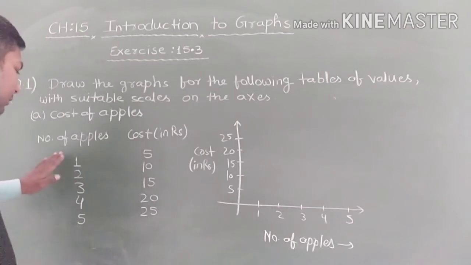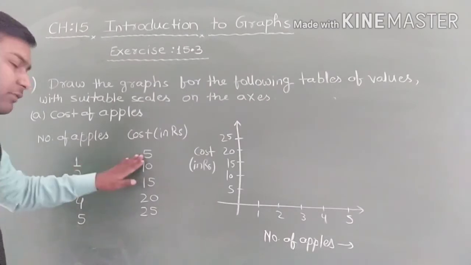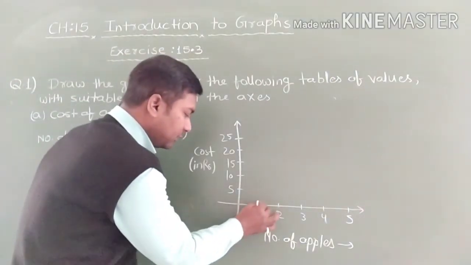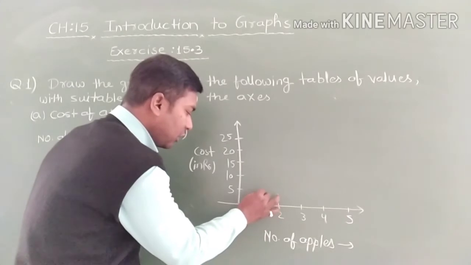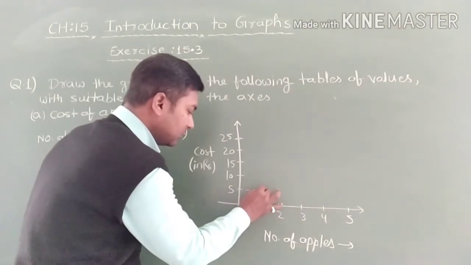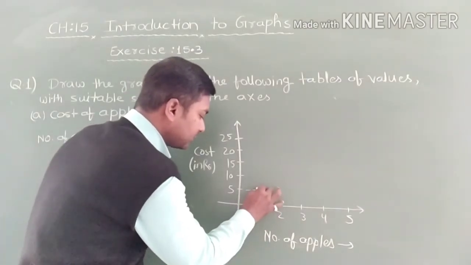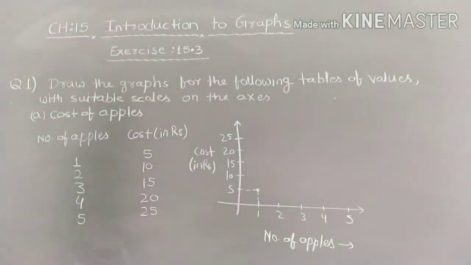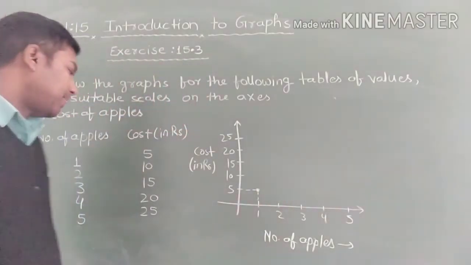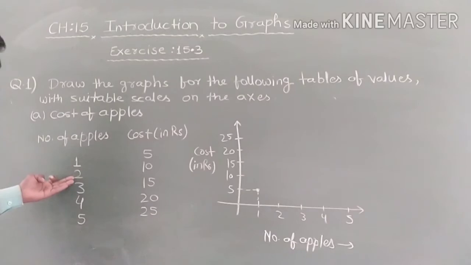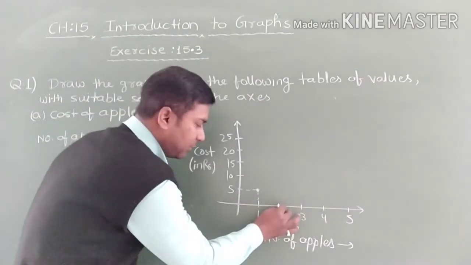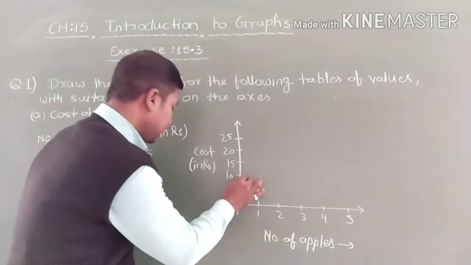Now number of apples is 1, so cost is 5 rupees. So number of apples is 1, so cost will be 5. So we can draw a dotted line. So this point. Now second, number of apples is 2 and cost is 10 rupees.